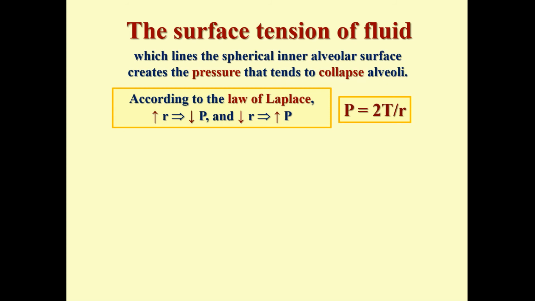So when radius increases, what happens during inspiration? We inspire and each spherical alveolus starts to be larger with greater radius. But in this case, according to the physics law of Laplace, the pressure that tends to collapse the alveolus becomes less. So progressively it becomes easier and easier to enlarge the alveolus.